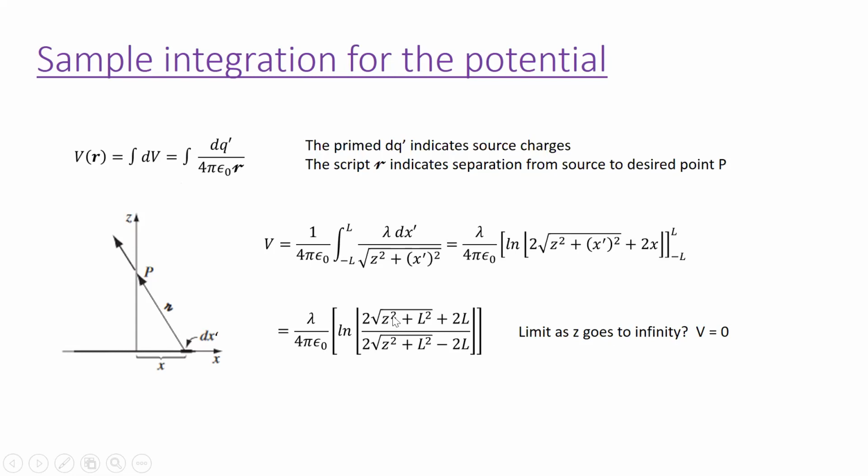Well, as z goes to infinity, this L squared and this L squared and this plus 2L and this minus 2L are going to get smaller and smaller in comparison, and we're going to have the natural log of something very large plus 2L, where L is small, over something very large minus 2L. So this ratio will be just a little bit above 1, and the natural log of 1 is 0. So in fact, the limit as z goes to infinity is 0, as we hoped.